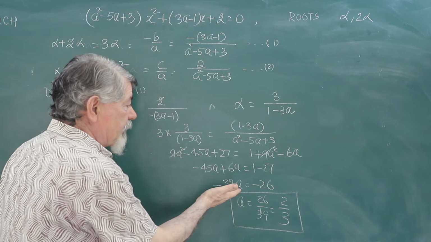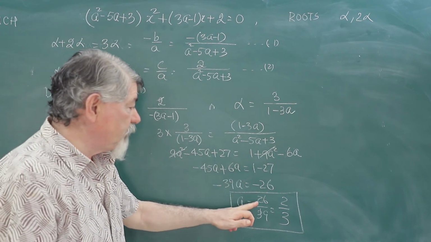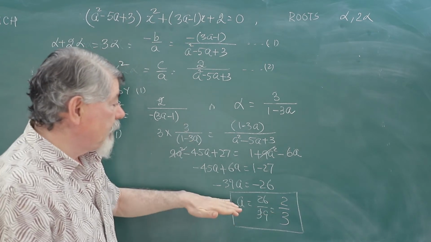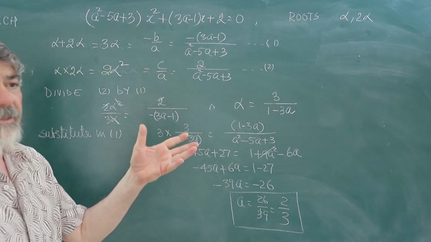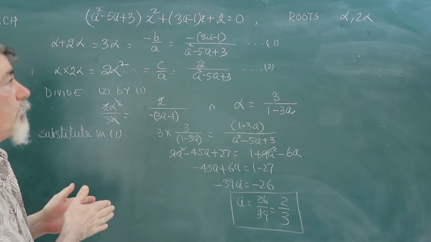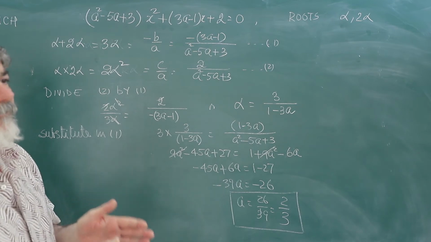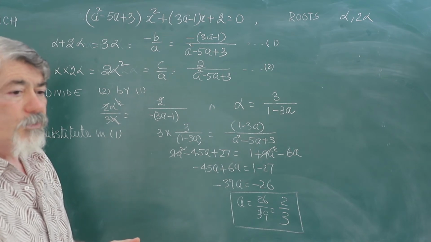That is minus 39a is equal to minus 26, or a will be 26 upon 39, that is 2 upon 3. That is how we calculated the value of a for this particular condition, that one of the roots of the equation was twice as large as the other root. So if I assume one root to be alpha, the other root was 2 alpha.